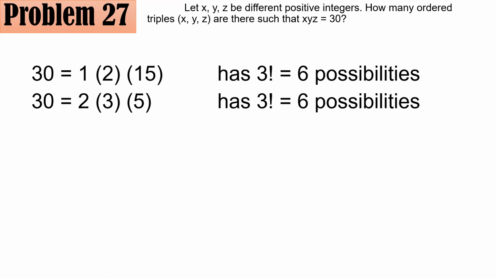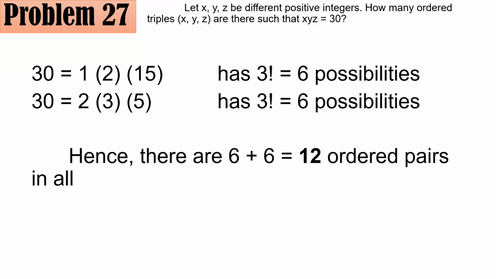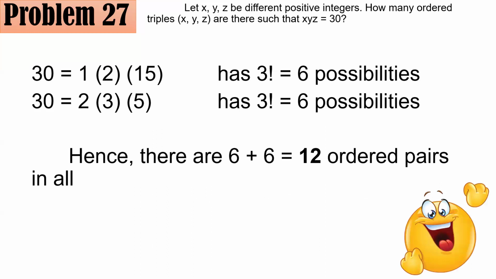So we have to add the total number of ways in these two cases. So 6 plus 6, that's a total of 12 ordered triples. Okay, so far so good.